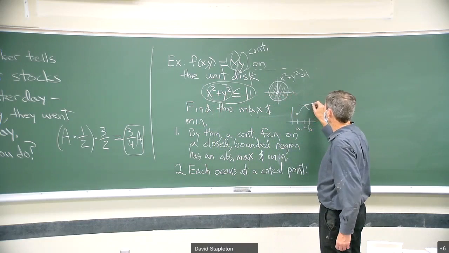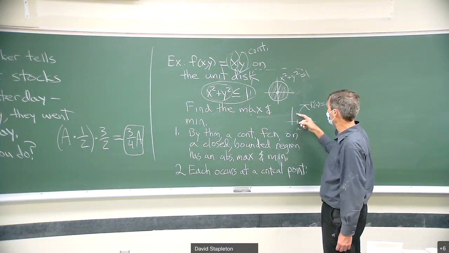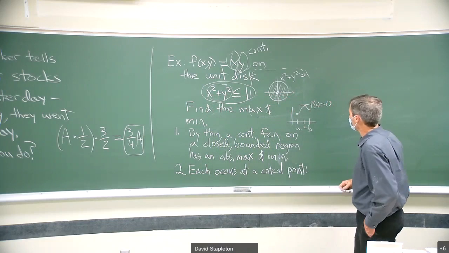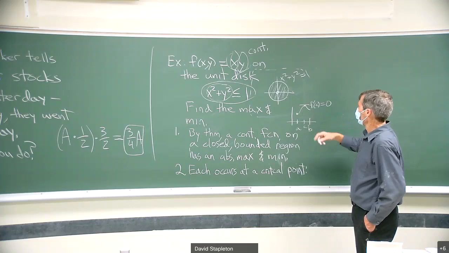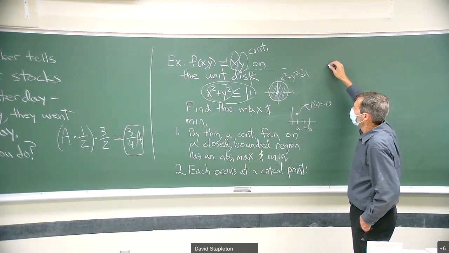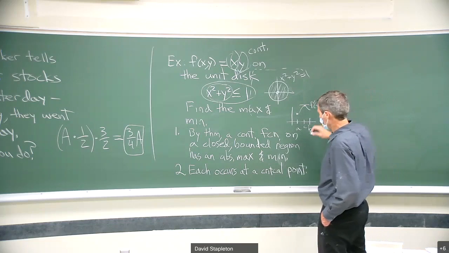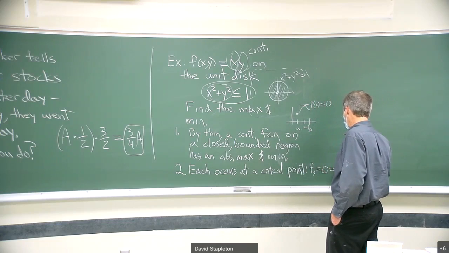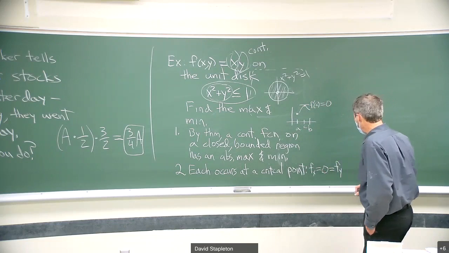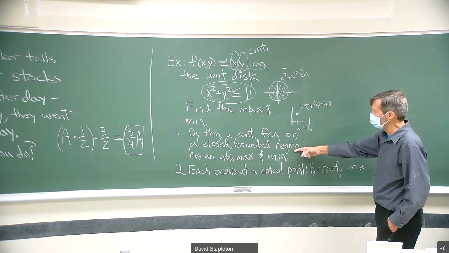It was places where the derivative was equal to 0, or the derivative didn't exist if you had a corner in here or something, right? Or discontinuity, but then you couldn't apply the theorem. So here you're looking for the derivative equal to 0 or a corner. Similarly, for a function of two variables, a critical point is a point where both partial derivatives are 0. Partial of f with respect to x is 0, and partial of f with respect to y is equal to 0 at the same point. Or at least one of these doesn't exist. But we still want the function continuous to be able to apply this theorem.